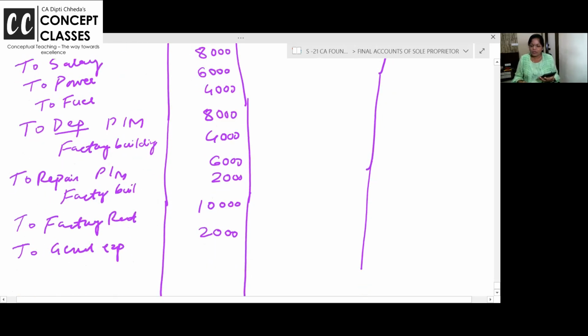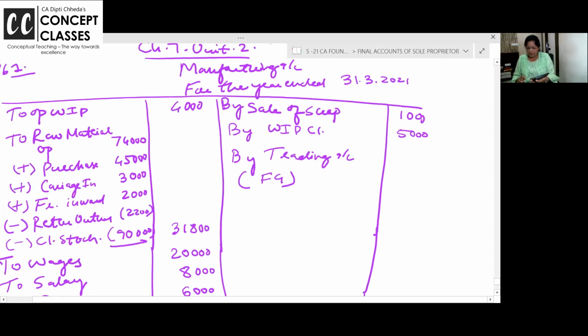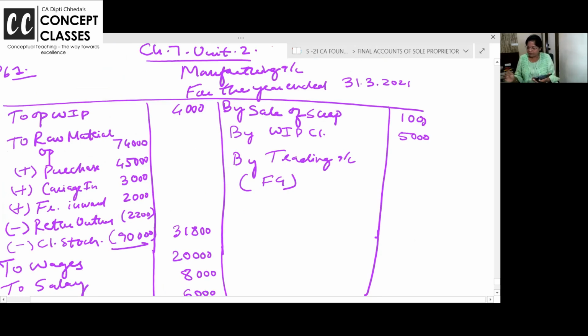So debit side total is coming to 1,05,800. Above the line, below the line, कर दो. Minus 6,000. So 99,800 is the finished goods which are ready.